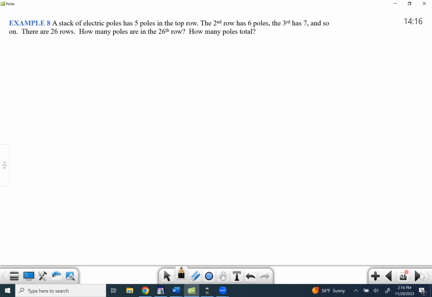So kind of what I'm sensing here is, the first row has 5 poles. It sounds like they're giving me a sub 1. The second row has 6 poles. And the third has 7, and so on. And we know that there are 26 rows total.